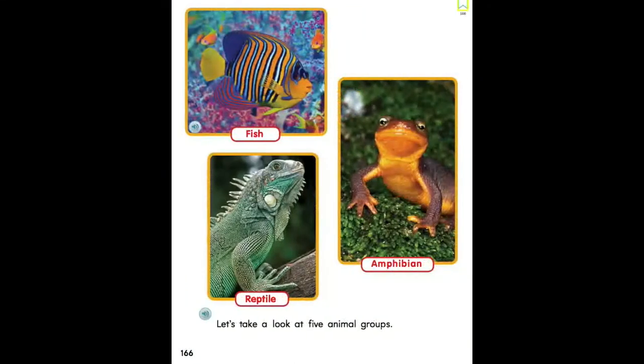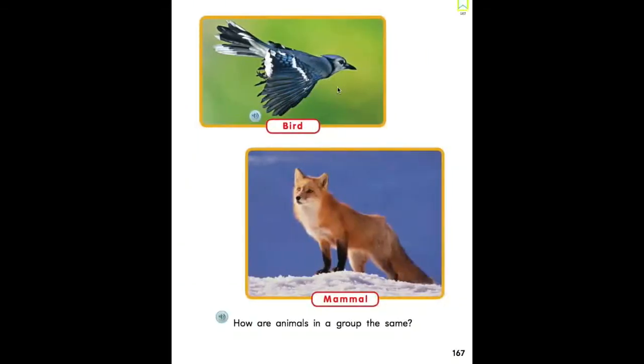We have 5 animal groups: fish, amphibian, reptile, bird, and mammal. All of those different groups. And we wrote some riddles for them. Now we'll do a craft and we'll write some riddles on the craft.